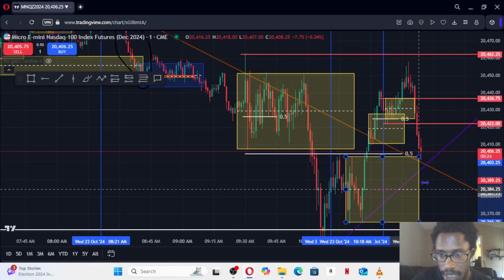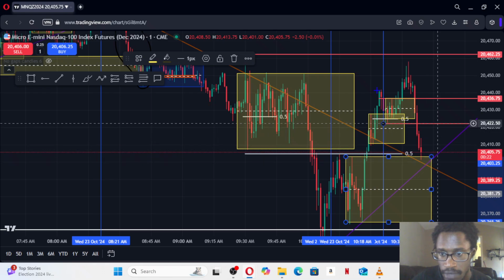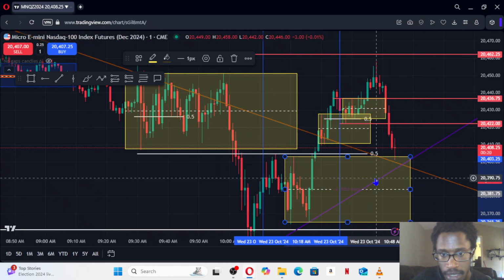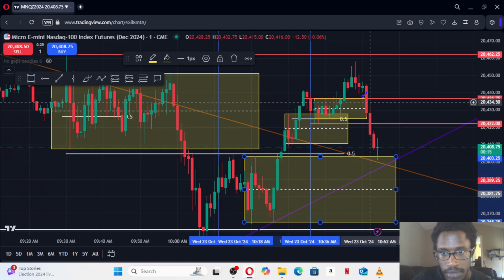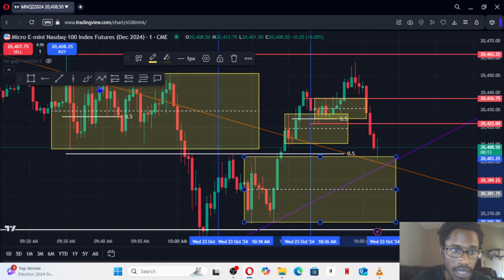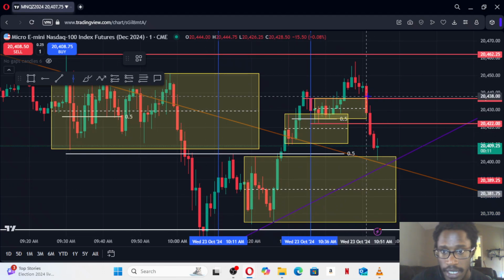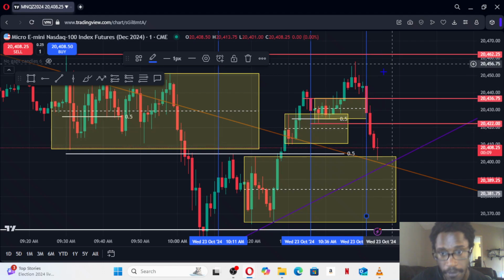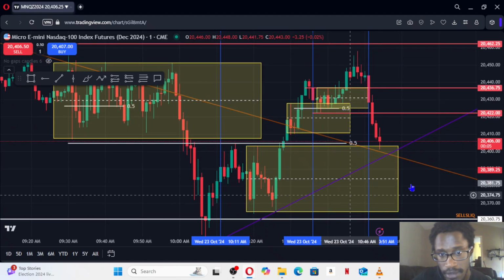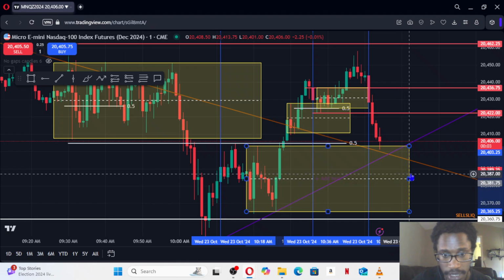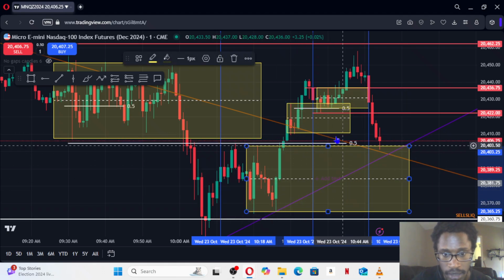It could be coming back into this for a move higher. But it flipped with displacement, so I would need to see some kind of bullish flip within here. So yeah.